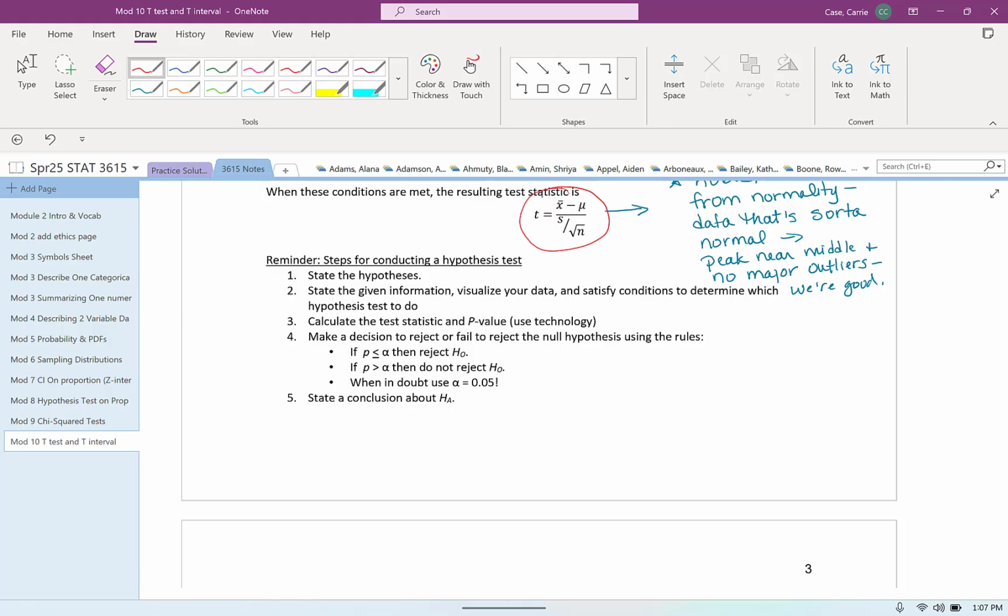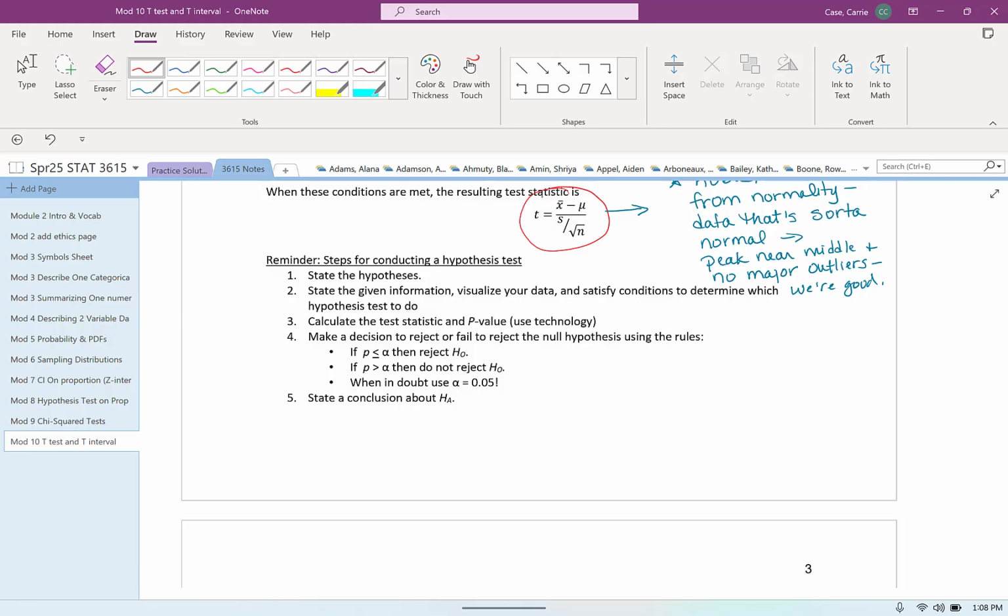And then we're going to make our decision to reject or fail to reject the null. The rules are still the same. If our p-value is less than or equal to alpha, we reject the null. If our p-value is greater than alpha, we fail to reject the null. And when in doubt, you use alpha of 0.05 unless you have a different level in your field or you're told differently in a problem in class. Then you're going to state your conclusion about the alternative hypothesis.